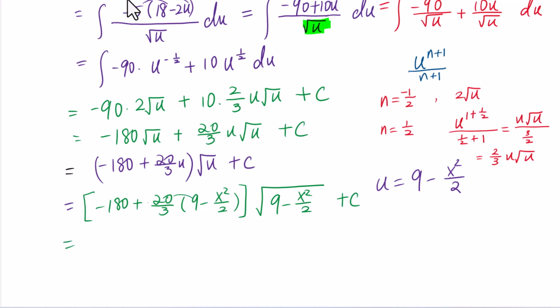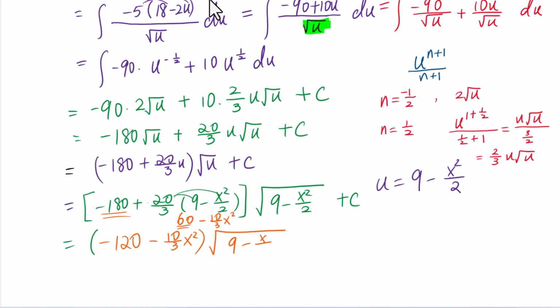Simplify again. 20/3 times 9 is 60, minus 10/3 x squared. Combine like terms: (negative 120 minus 10/3 x squared) square root of (9 minus x squared)/2 plus c.